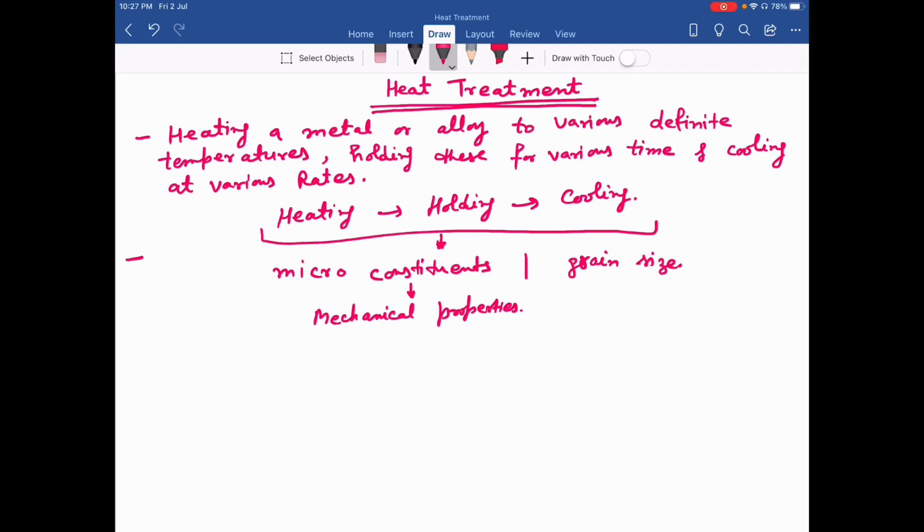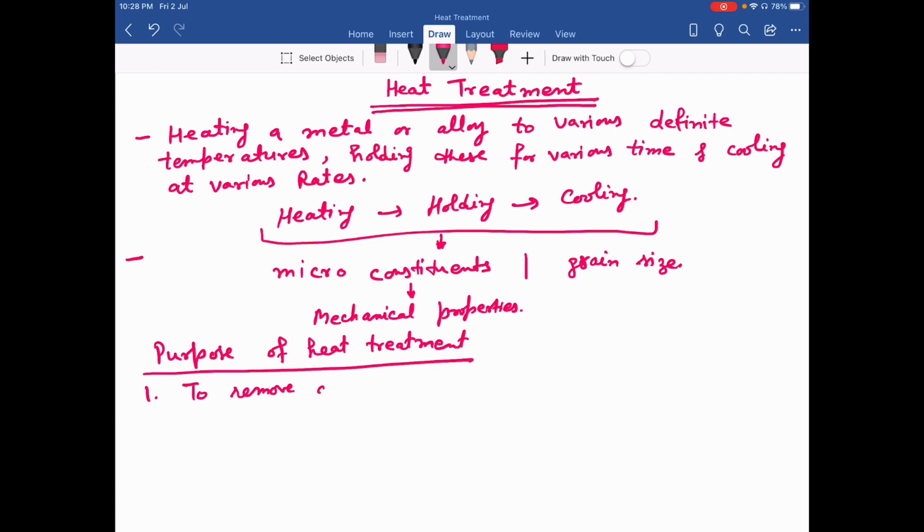The purpose of heat treatment is number one, to remove or relieve strains or stresses from the material. Now, these strains or stresses are induced within the material by cold working, okay, or they are induced by non-uniform cooling.